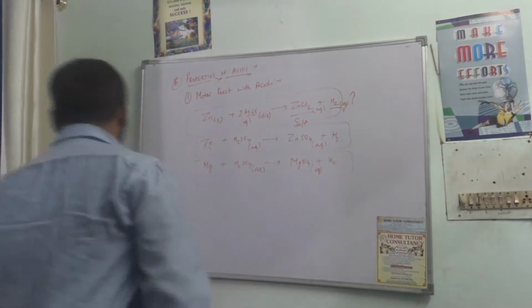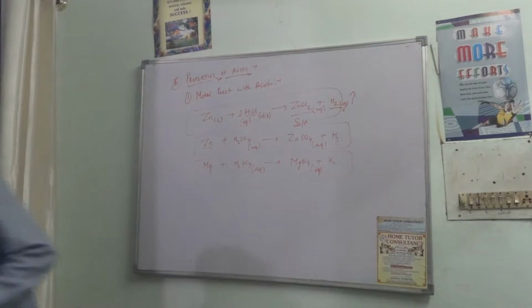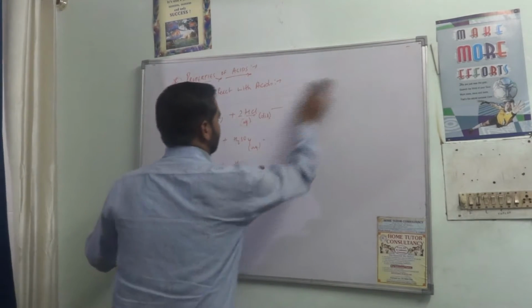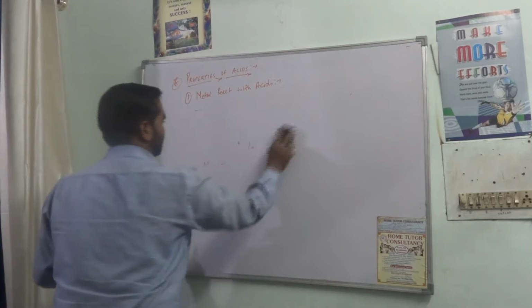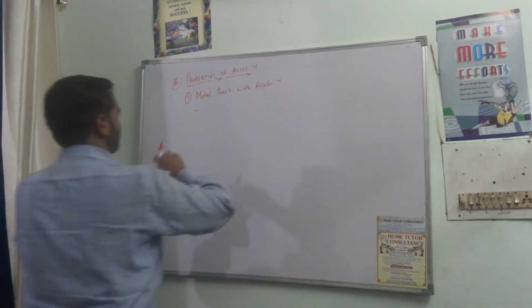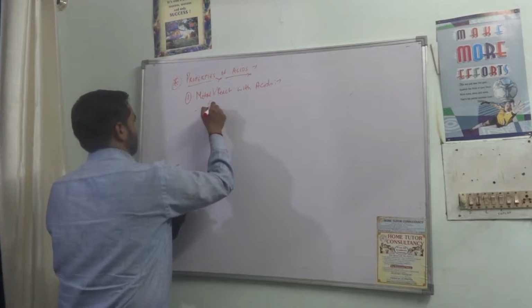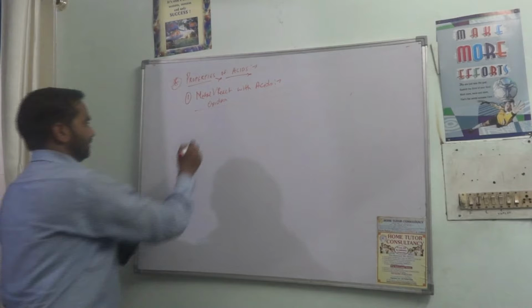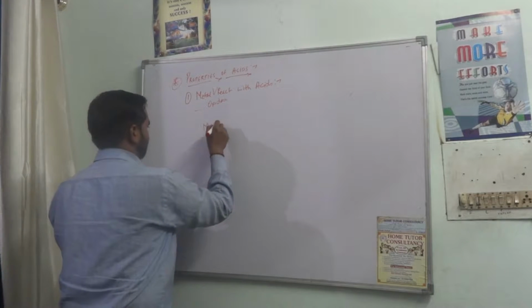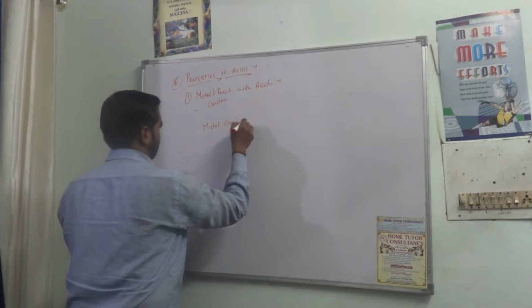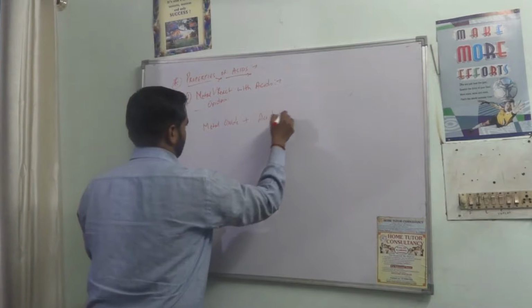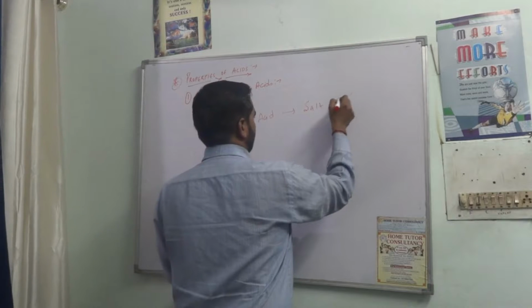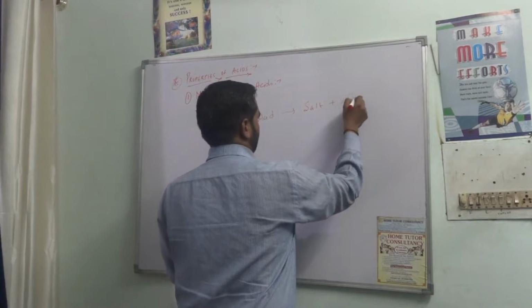This is the first one. Now second, if we react our acid with a metal oxide, what happens? When a metal oxide reacts with acid, it forms salt plus water.